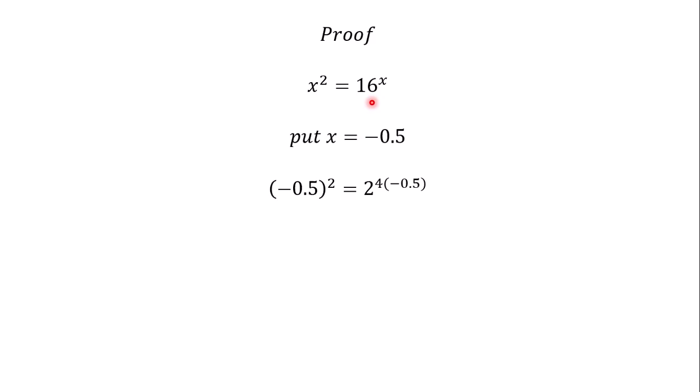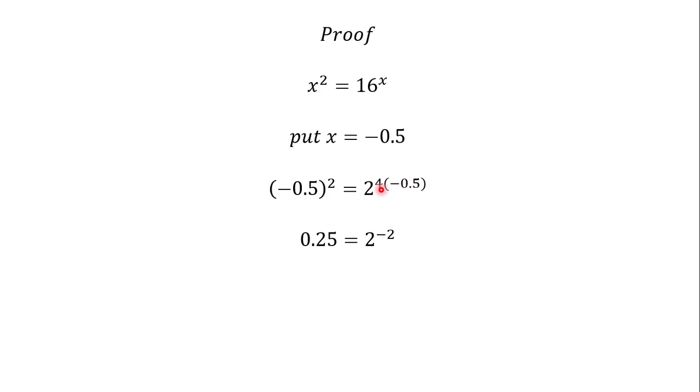Good. 16 is the same as 2 raised to the power 4. Then we multiply it by minus 0.5. And also minus 0.5 raised to the power 2, or minus 0.5 squared. And that will give us 0.25.